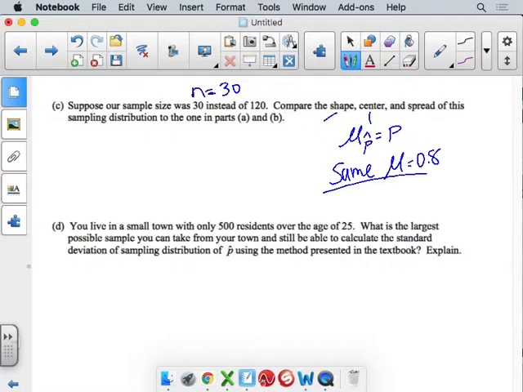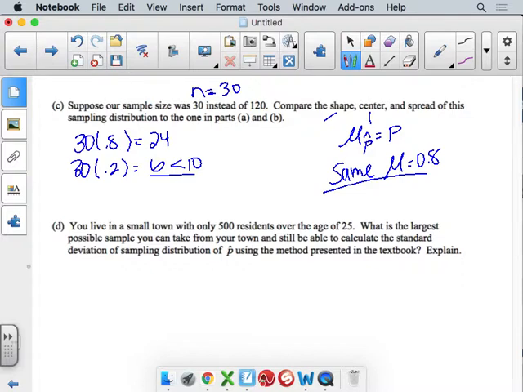What's our shape? We could check by doing 30 times 80%, 30 times 20%. I'm pretty sure it's 24 and 6. And 6 is less than 10. So what that means is we do not know that this is a normal distribution.